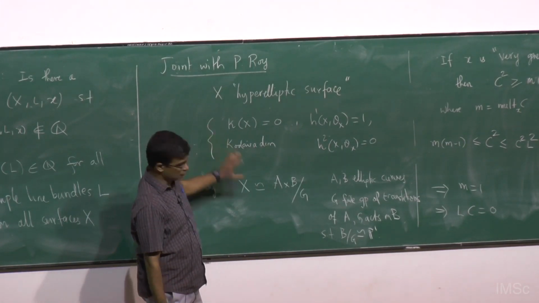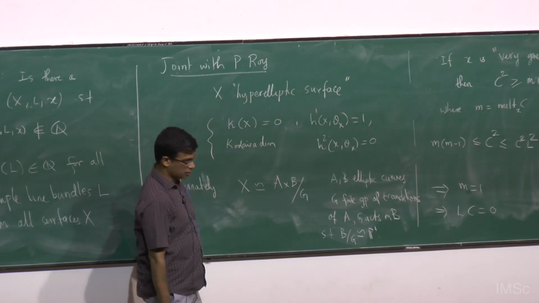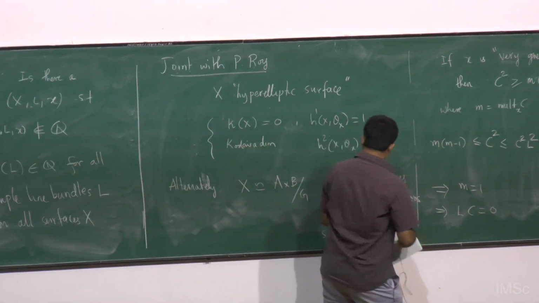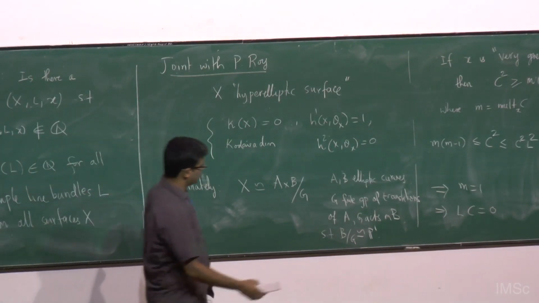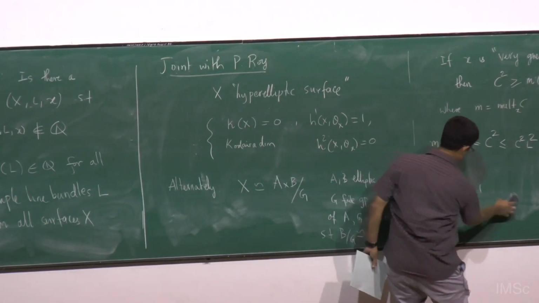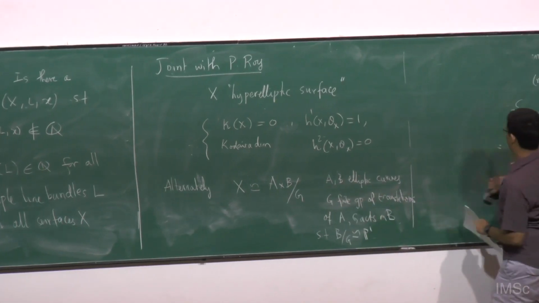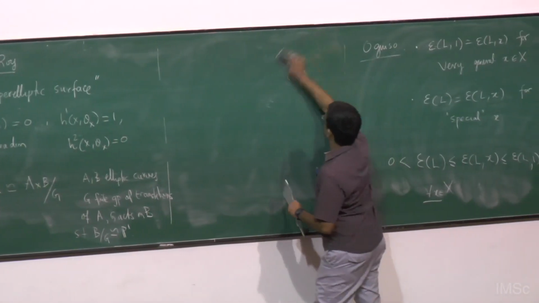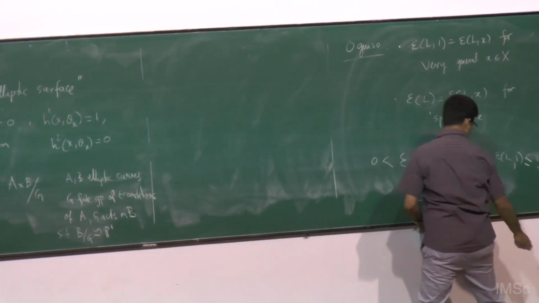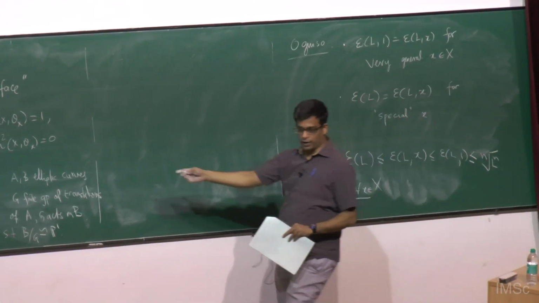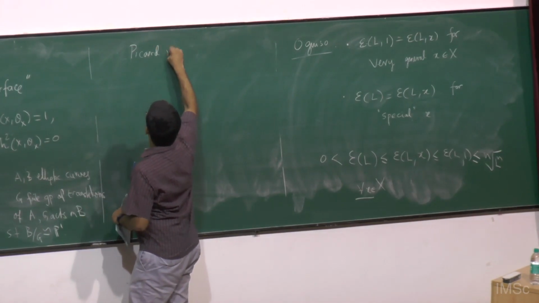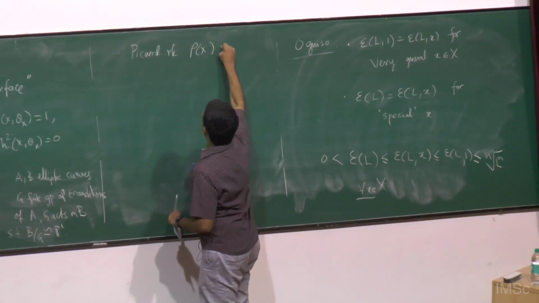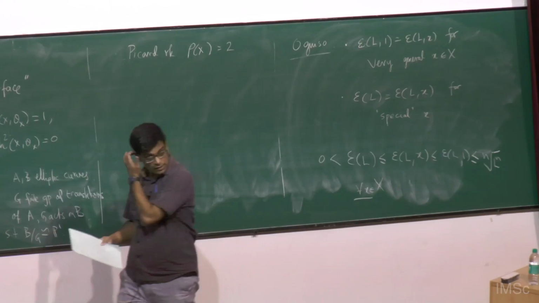If you have a surface satisfying this, this is classical, more than 100 years old. So we looked at such surfaces. They're useful to look at because their Néron-Severi group, the ample cone and so on are well understood. It turns out that the Picard rank of such surfaces is 2.